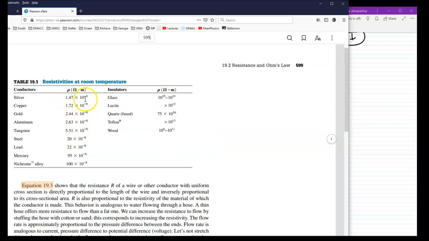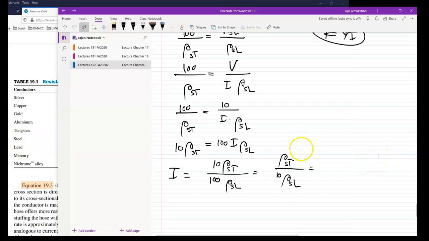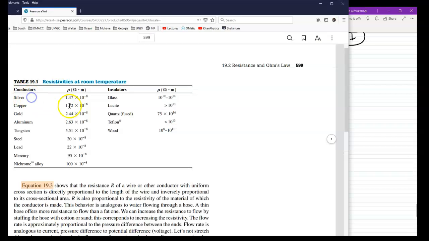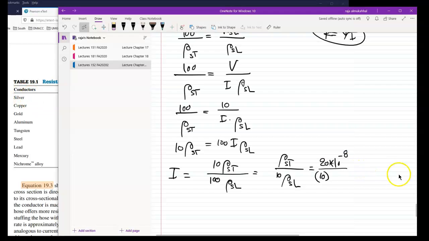Silver, 1.47 times 10 to the negative 8. And then steel is right here, 20 times 10 to the negative 8. So here I have, for steel, 20 times 10 to the negative 8 divided by 10 times silver, 1.47 times 10 to the negative 8.